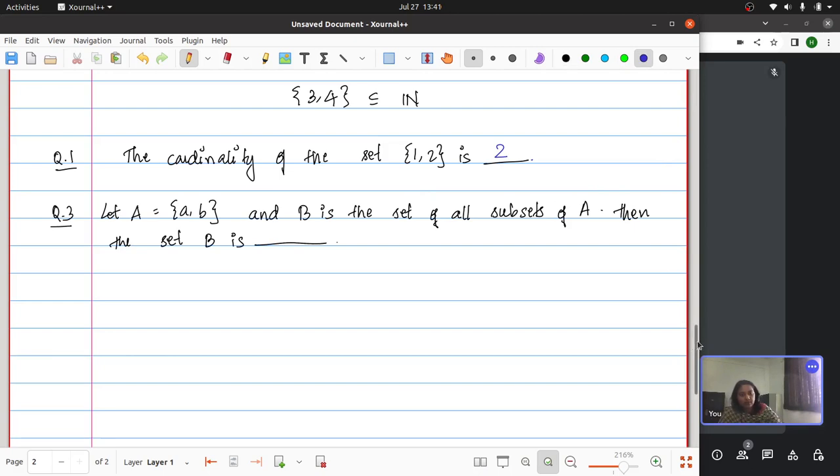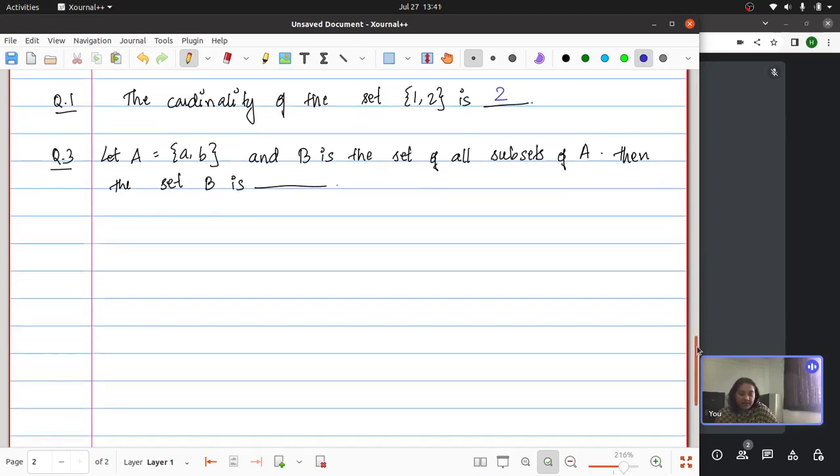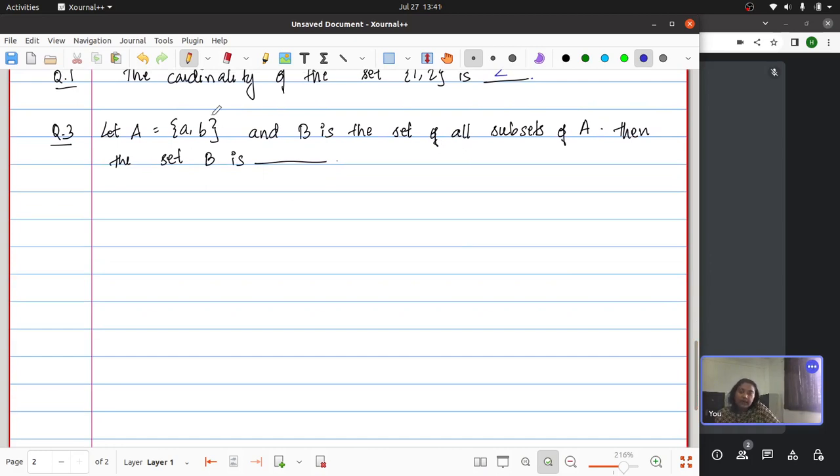When we say a subset of A, every element of the subset is contained in A. There is one thing which is the empty set, which is the set which does not contain any element. By default this is a subset of any set, right? So we will list the subsets of A.